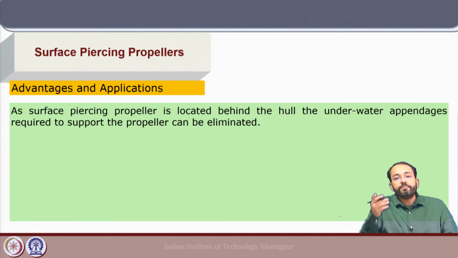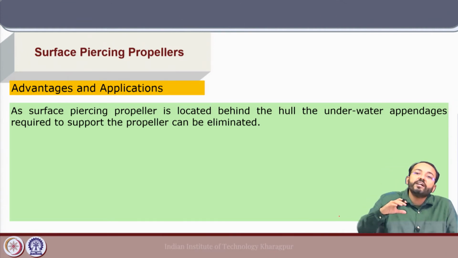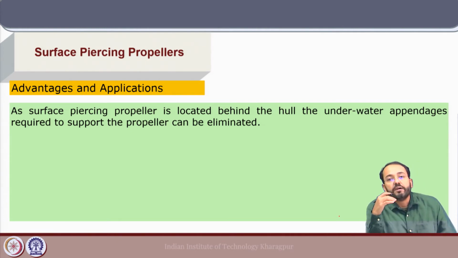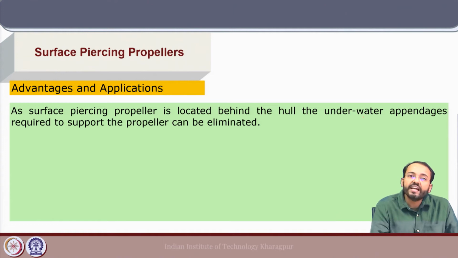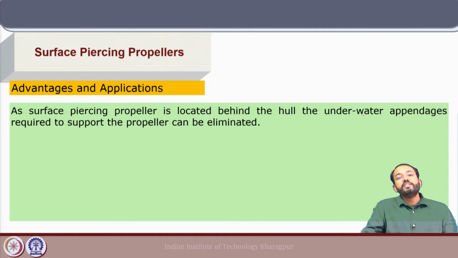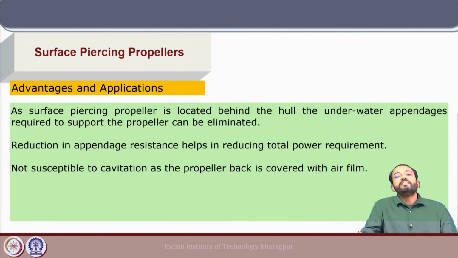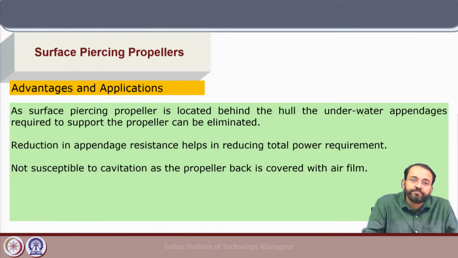Now, typically the surface piercing propeller is located behind the hull, where a part of the propeller is above the water surface, and hence the support structure which is used for the propeller, the appendages, are above water, and here we can reduce the requirement of the underwater appendage, which creates additional drag, and because of that the appendage resistance is reduced, which can help in the reduction of the power requirement at very high speed operation.